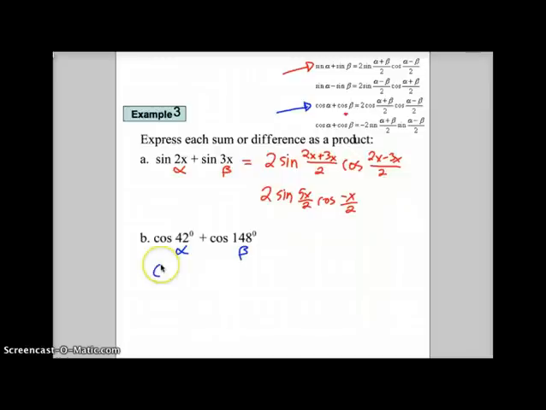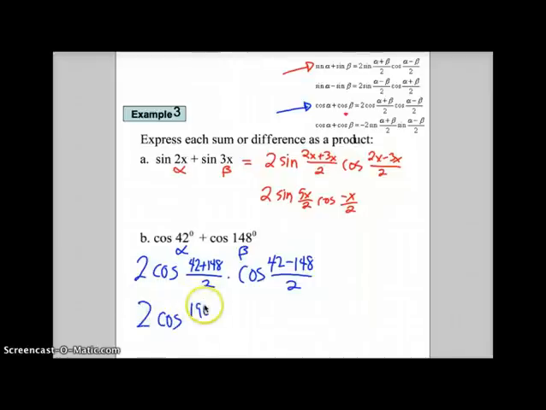So we have 2 times the cosine of the sum of the angles divided by 2 times the cosine of the difference of the angles. So 42 minus 148 divided by 2. So we're going to have 2 cosine of 190 over 2, or 2 cosine of 95.